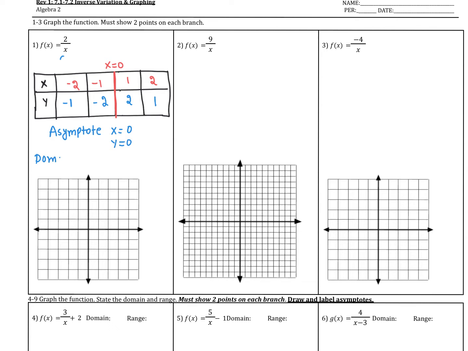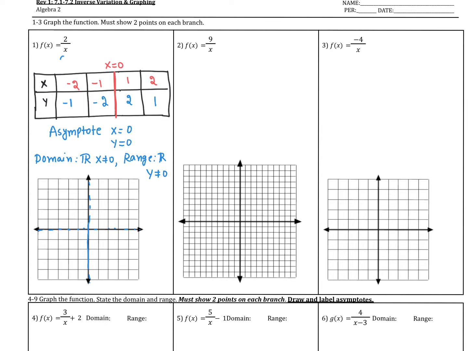Domain also all real numbers except 0. Range, all real numbers except 0. Y equals 0, x equals 0 are the asymptote.